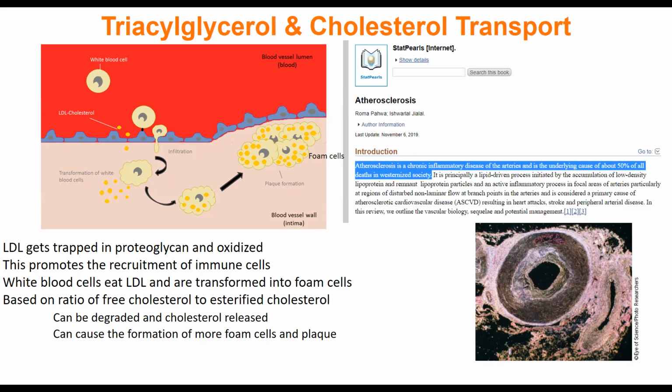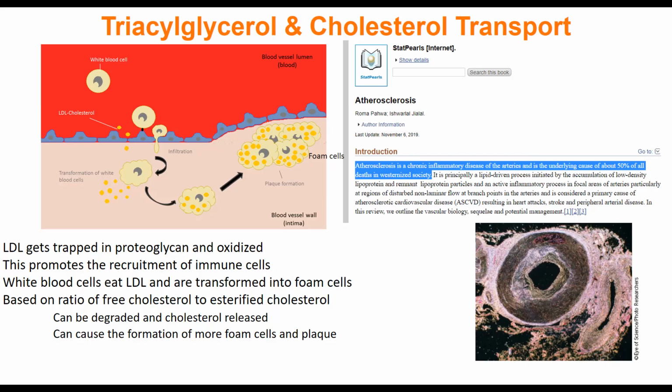So what can happen to cause blockages and cholesterol buildup inside your body? Well, sometimes when LDL goes to deliver cholesterol to cells, it'll get trapped in the proteoglycan layer.